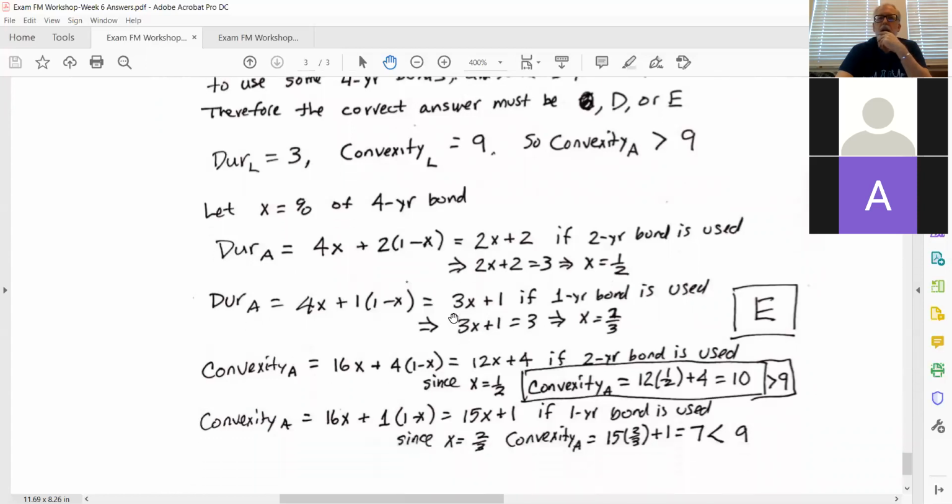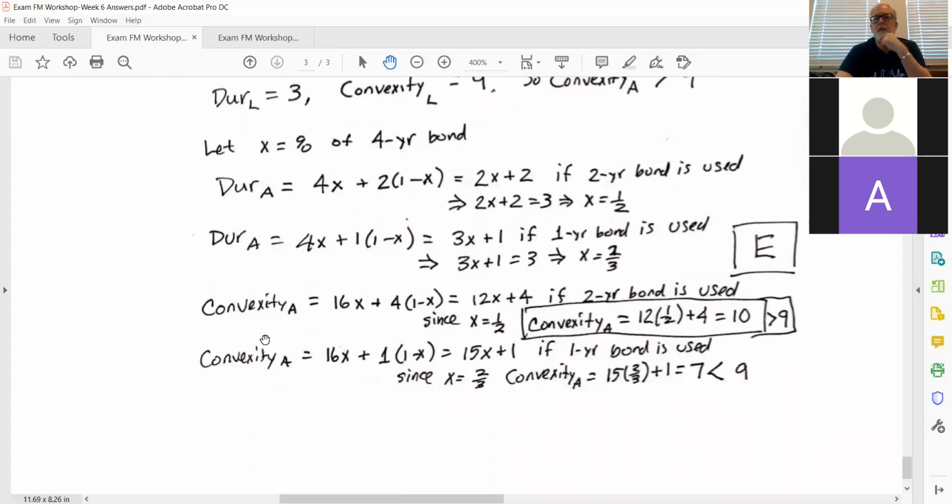So now we calculate the convexity of the assets under both of those. The 16 is the convexity of the 4-year, and the convexity of the 2-year is 4. So the convexity of the combination of 4-year and 2-year would give us a convexity of 10.